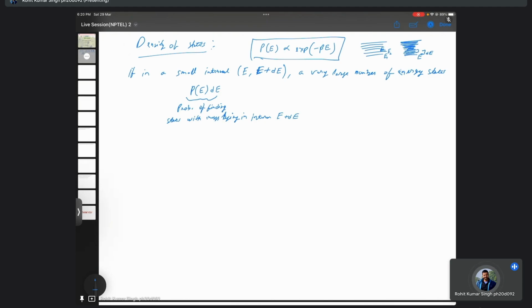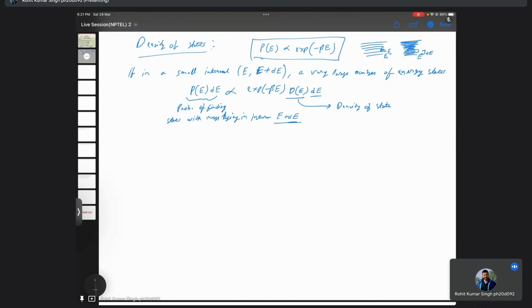Instead of the probability of a single energy state, we now consider the probability of finding states with energy lying in this interval, and this will be proportional to the same factor times a quantity g(E) dE, the small interval.